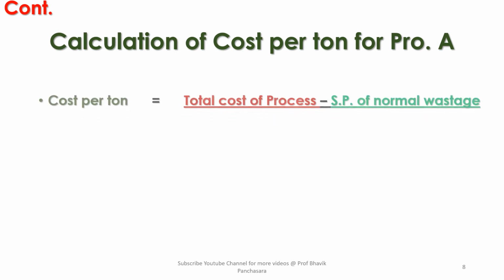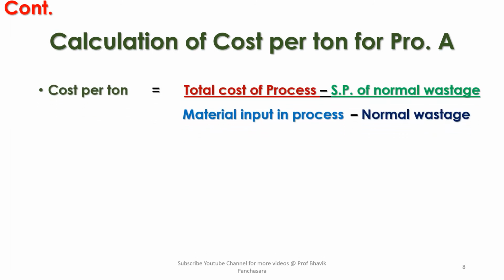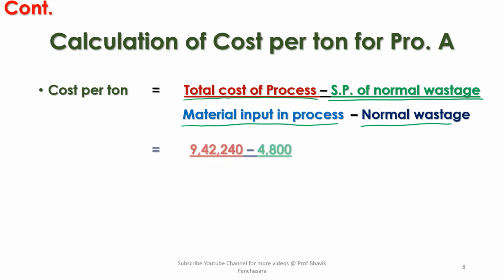So, let us find the cost per ton for this abnormal loss and material transfer to process B. Here we will calculate cost per ton with the help of this formula: total cost of the process minus selling price of normal wastage, divided by material input in the process minus material of normal wastage. By putting the values in this equation, the total cost of the first process is 9,42,240.